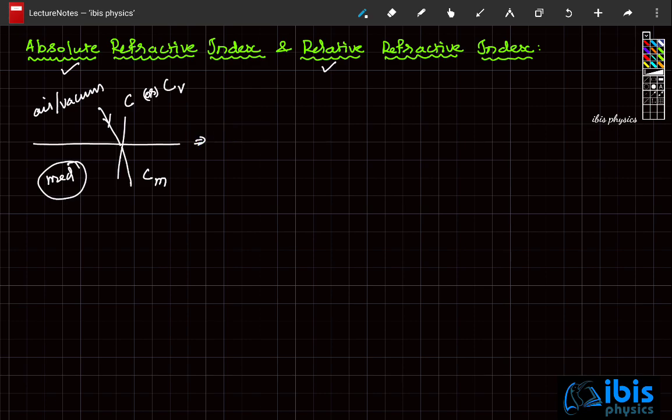So here the refractive index of this medium, mu m, is defined as the velocity of light in vacuum divided by the velocity of light in the medium. Sometimes we call cv simply c, divided by cm; c is 3 into 10 power 8 meter per second, that's it.